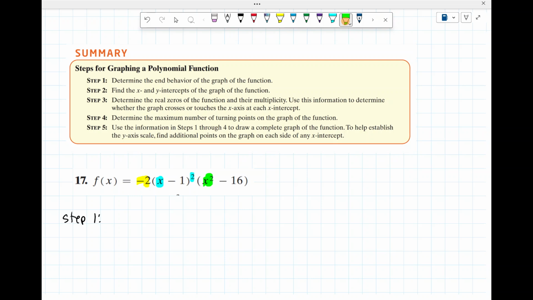So I take the leading term of each factor. And if there's an exponent on the outside of the parentheses, I will apply that to that leading term, and then I multiply all of them. So let me show you what that looks like.